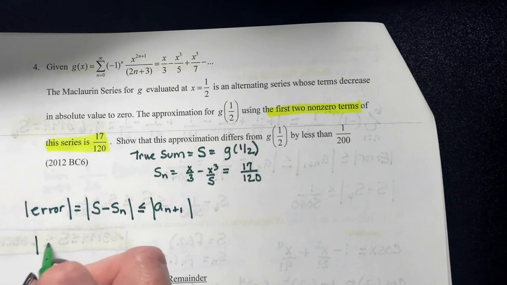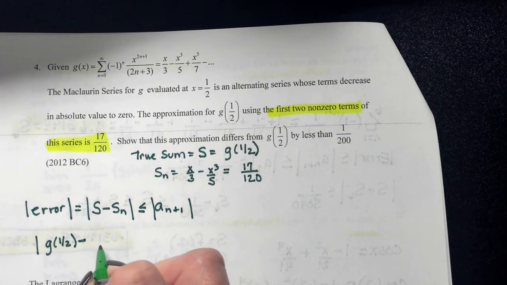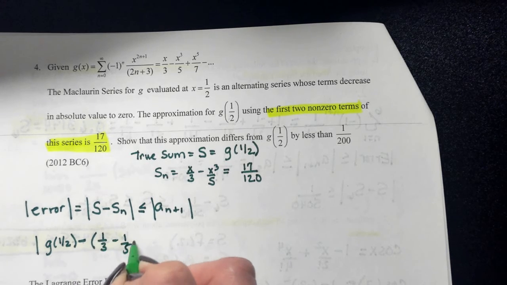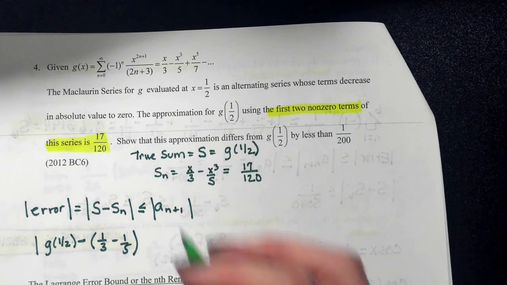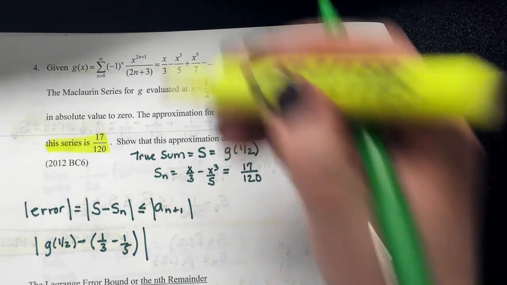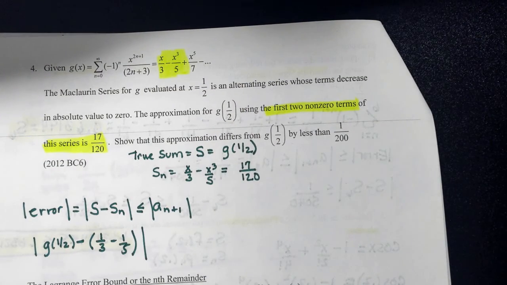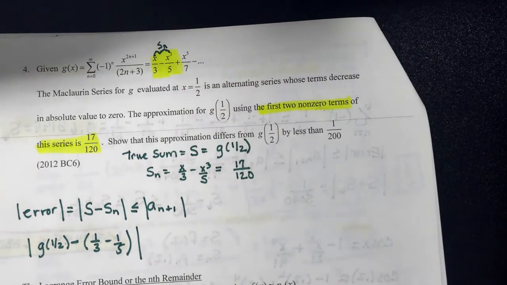So my actual value, g of 1/2, minus my partial sum, which is the 1 over 3 minus 1 over 5. Again, looking at these first two terms, this is what my partial sum is being evaluated as.